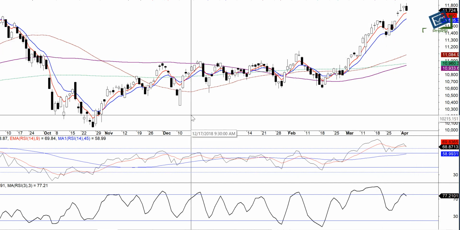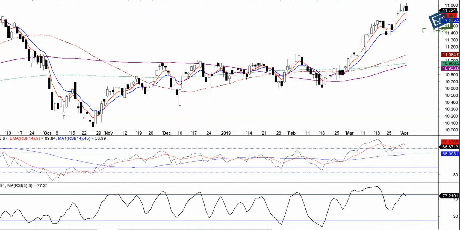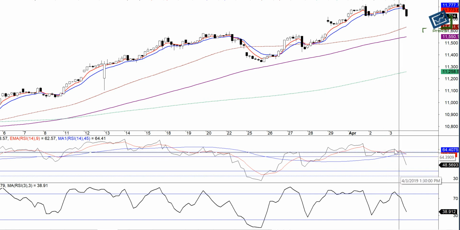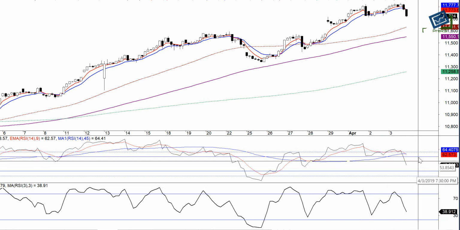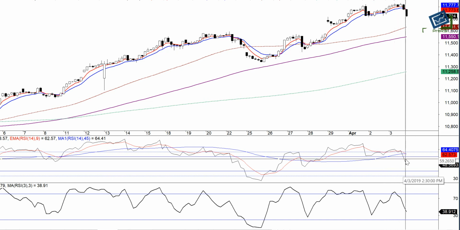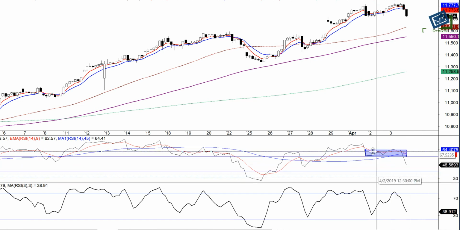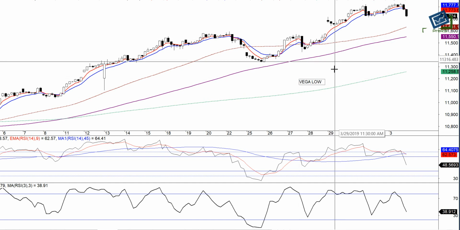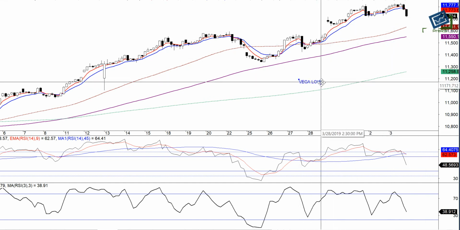Now, one more thing I can tell you: when you see this compression type of setup, it is a very good setup for trading options, because the move that follows the compression is a very strong move, and when you are at a compression, the volatility is very low, right? Whenever you check any compression setup on a chart, the volatility, or the Vega Greek, is very low, because we are in a sideways market and a sideways trajectory.